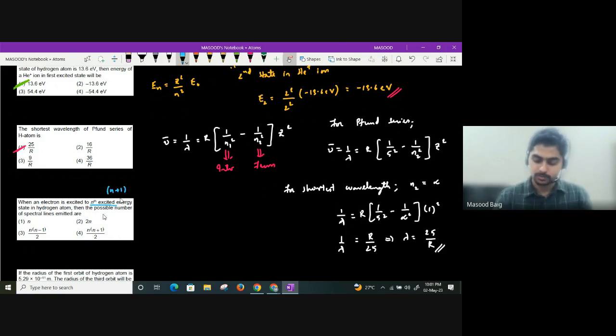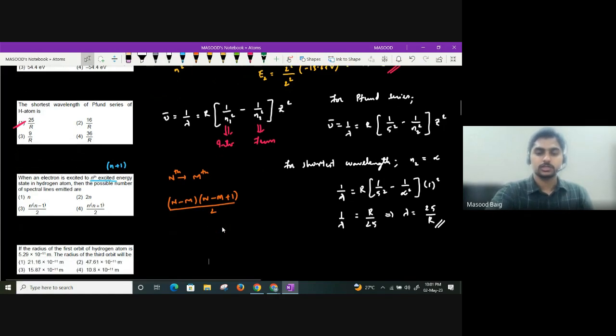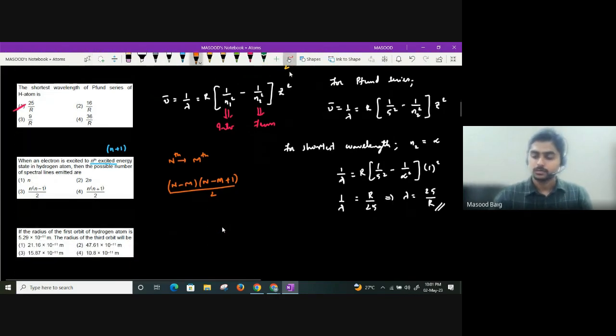And then the number of possible spectral lines emitted. When it is making a transition from the nth state to the mth state, beta, the number of spectral lines emitted will be n minus m into n minus m plus 1 divided by 2. Okay. In this case, what are we going to get? It is making a transition from n plus 1 to which state? Ground state.